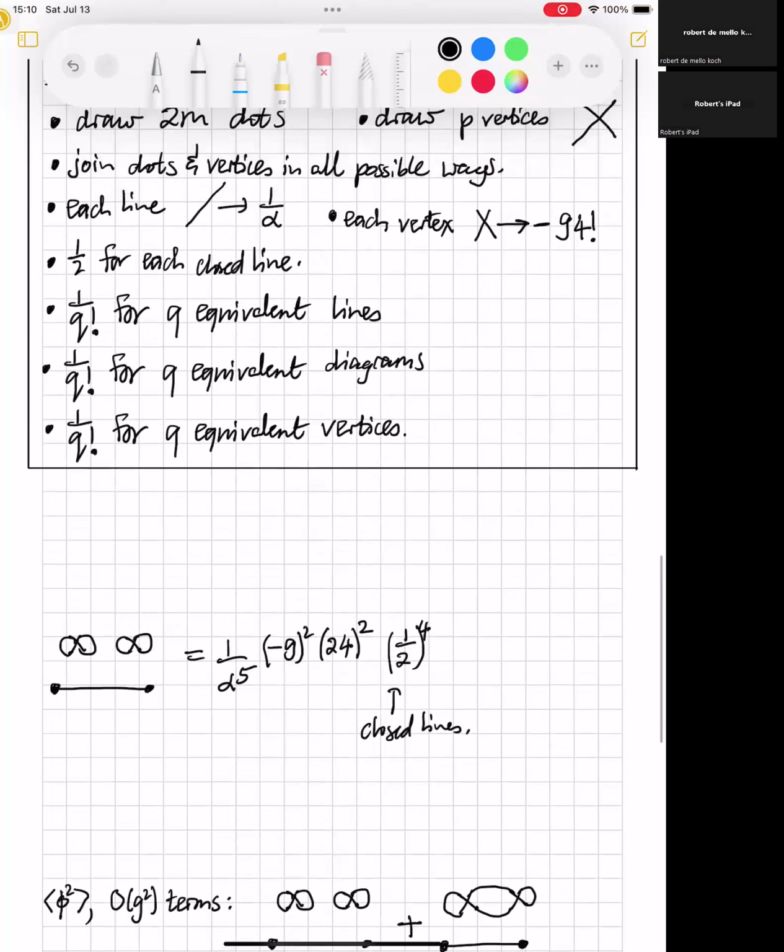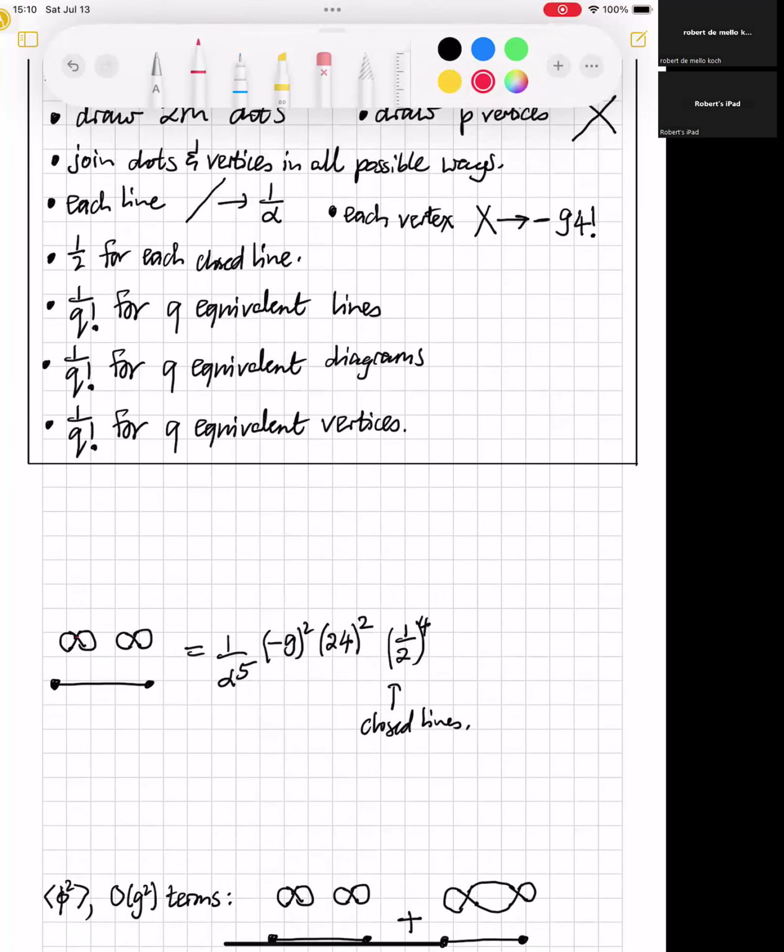Then how many equivalent lines? Well, on this first diagram, that red line over there is equivalent to that red line over there. On the second disconnected piece, this green line is equivalent to that green line. So there's 2 pairs of 2 equivalent lines.